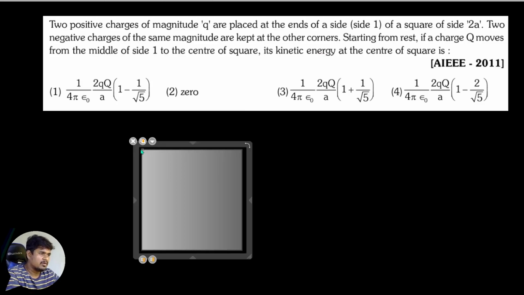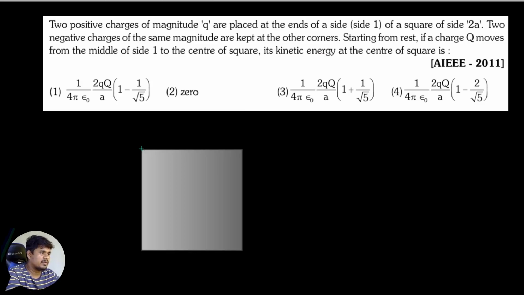So we have two charges kept here, and two positive charges of equal magnitude placed at the ends. So this is q and q, on the square of side 2a. Two negative charges of the same magnitude are kept at the other corners. So this is minus q, and this is minus q.